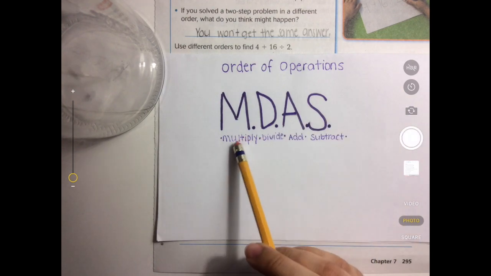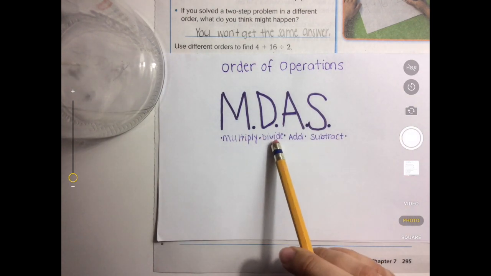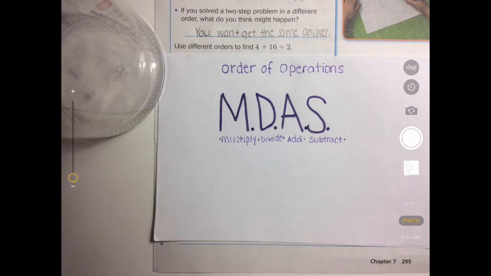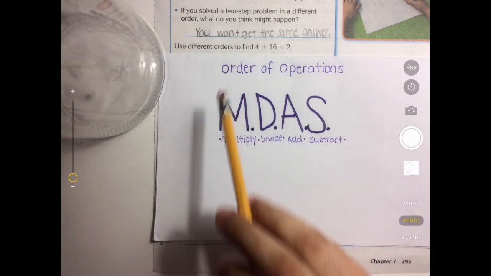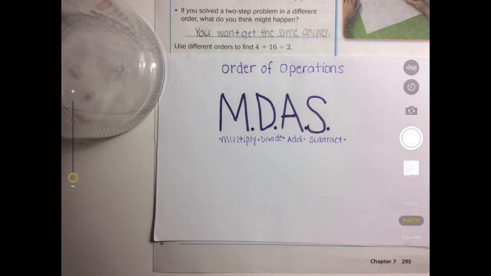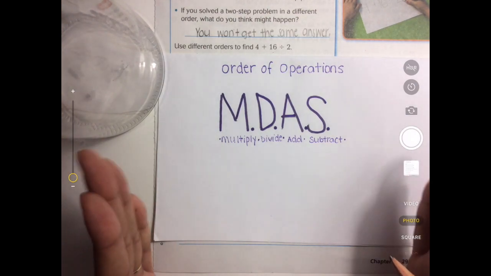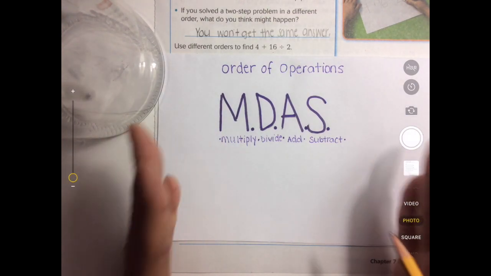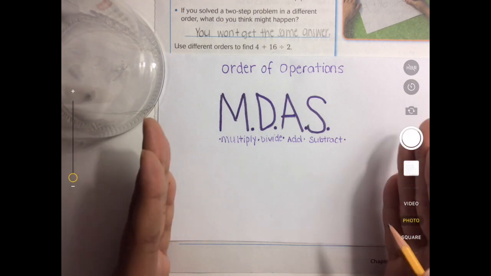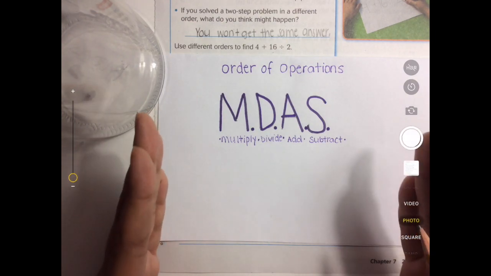Basically, that stands for multiply, divide, add, subtract. This is the order that you need to follow to get the correct answer. Okay? Now, I want you guys to memorize this. Look at this, memorize it. It's going to be your best friend. It's going to help you so much, okay?